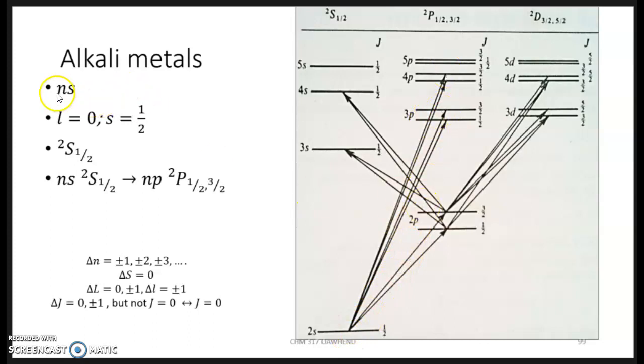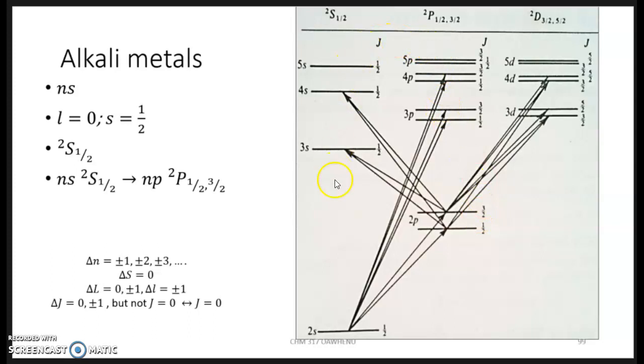That's because delta n can take any value. From the 2P configuration, we can also take this transition to a doublet D state, where L changes by 1, and you can go to the S state where L also changes by 1.